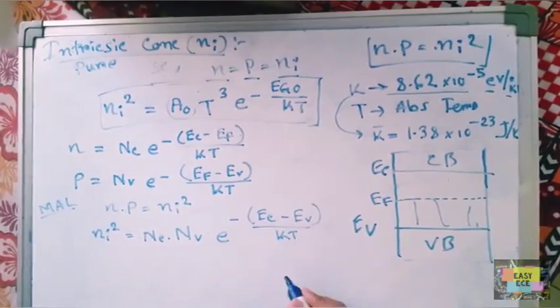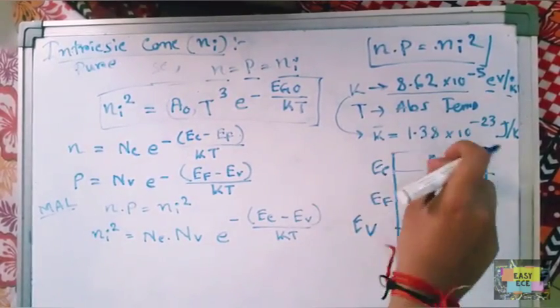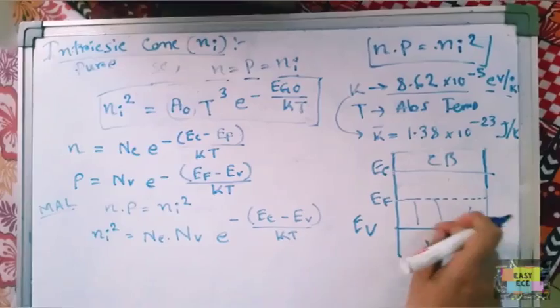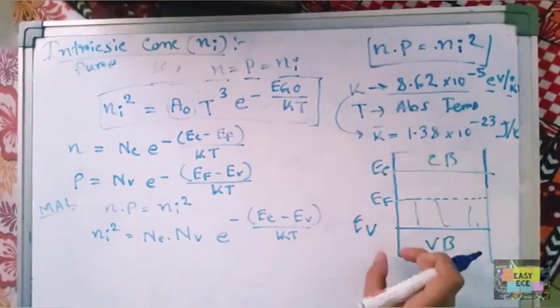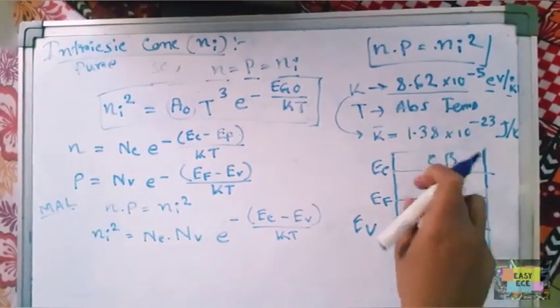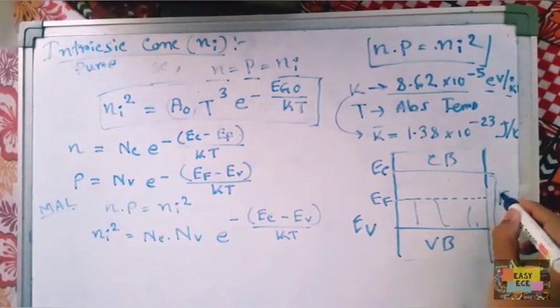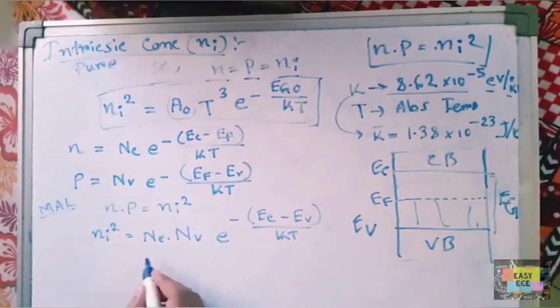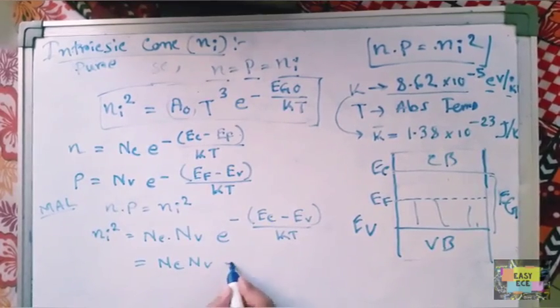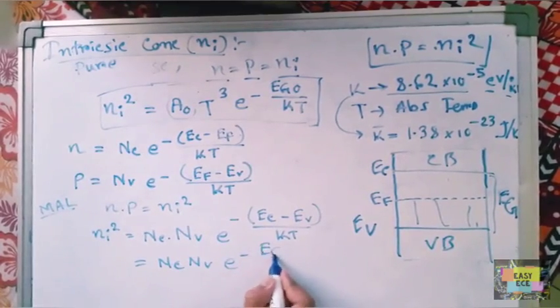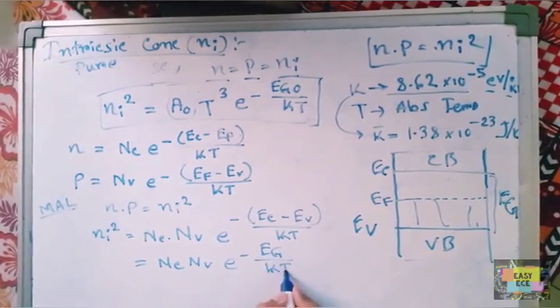What is Ec and Ev? This is the conduction band energy and the valence band energy. Now Ec minus Ev is the energy gap, which we denote Eg. So this becomes Nc Nv e to the power minus Eg by kT.